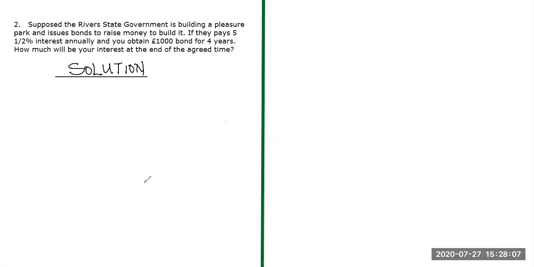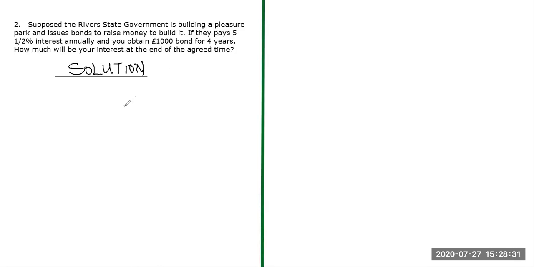It's like a form of shares that people can get with government and all that. They issue bonds to raise money to build it. If they pay 5.5% interest annually, meaning every year, and you obtain a 1,000 pounds bond for 4 years, how much will be your interest at the end of the agreed time?